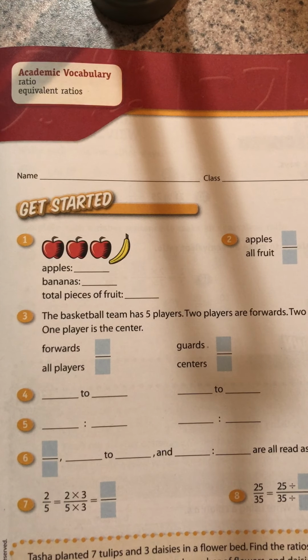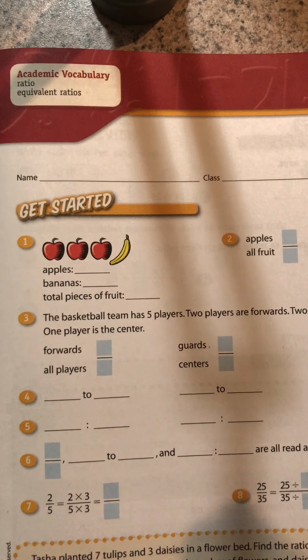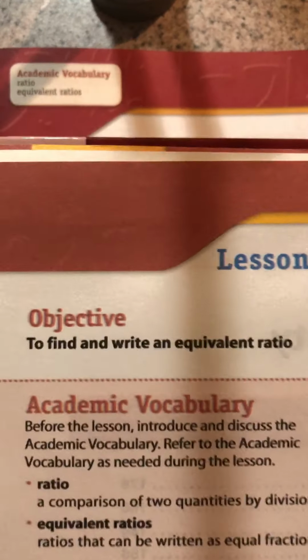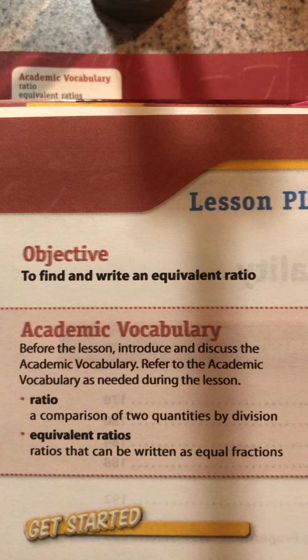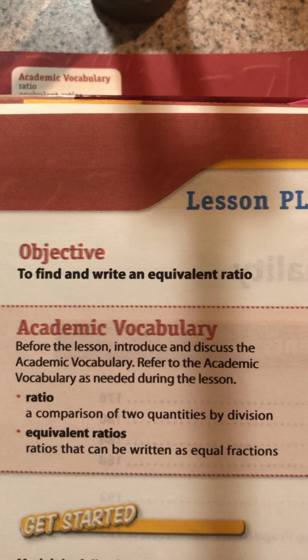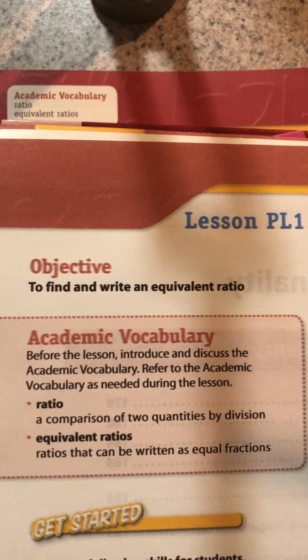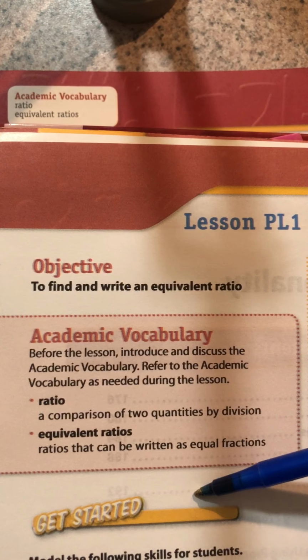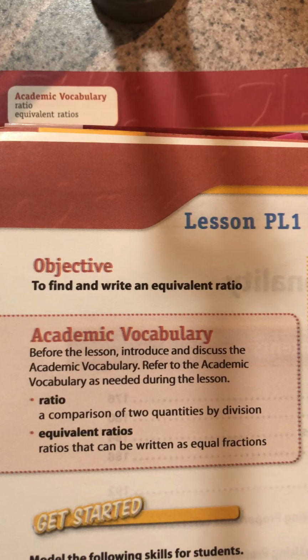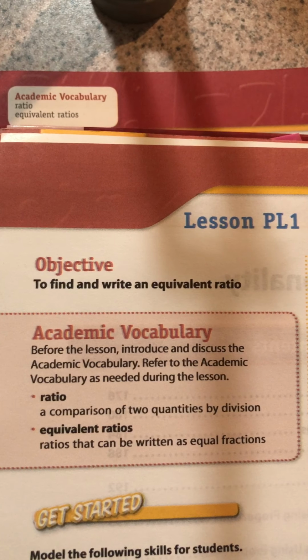All right, so we're just going to get going. What we're going to do for Module 5 is dive into proportionality. And I know that's a really big word, so we're going to take it slow. My first thing I want to do is go over some of the academic vocabulary with you, okay? The two things we are going to really concentrate on in this lesson are ratios and equivalent ratios.